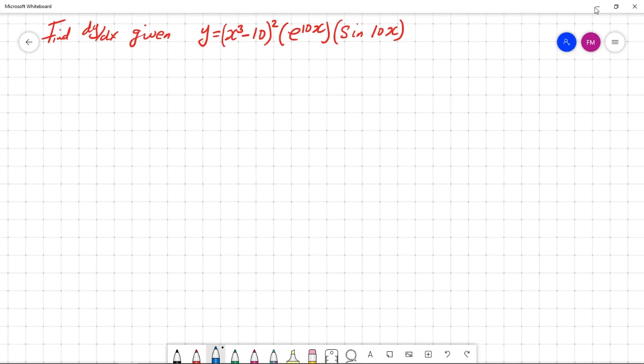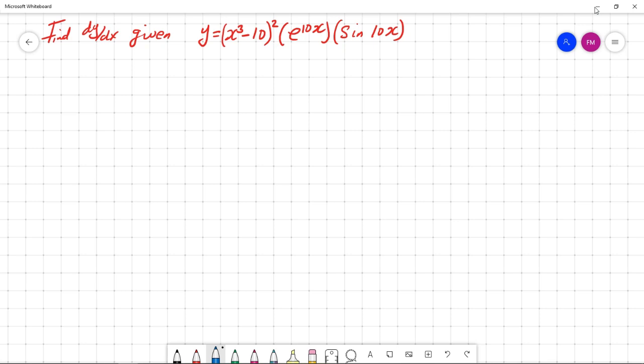When you see such a function, which method of differentiation comes to your mind? I believe you said product rule.